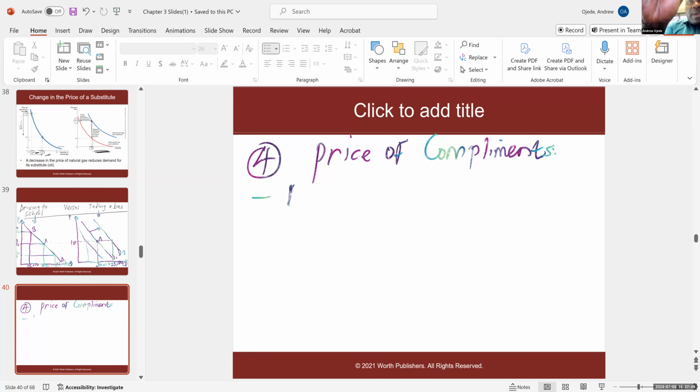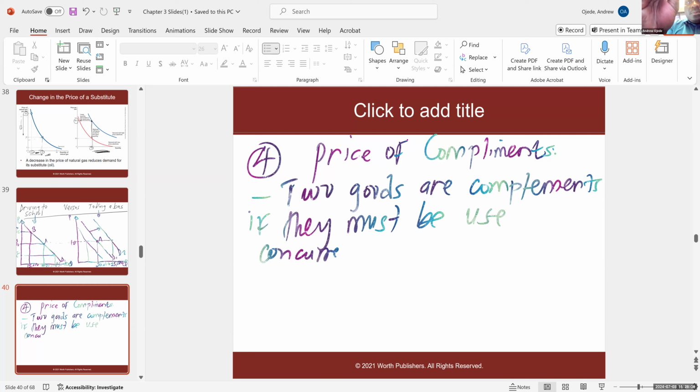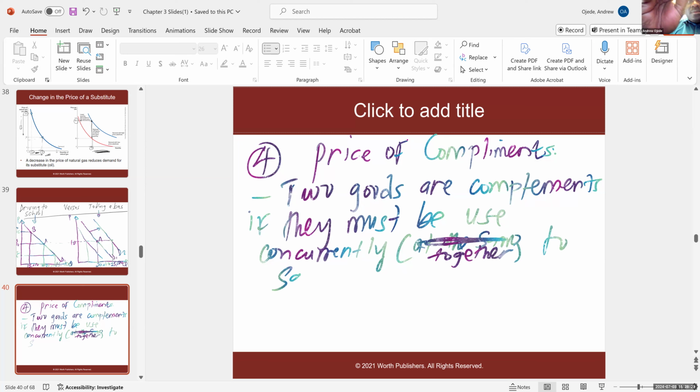Two goods are complements if they must be used concurrently, meaning used at the same time or together, to satisfy a particular purpose.